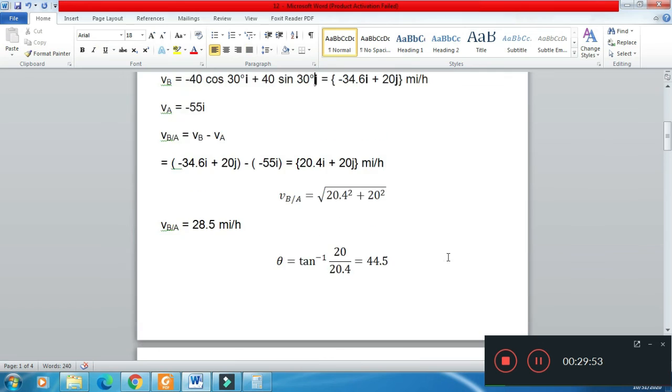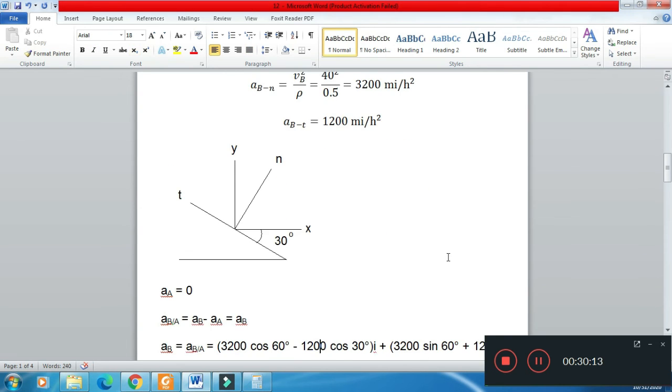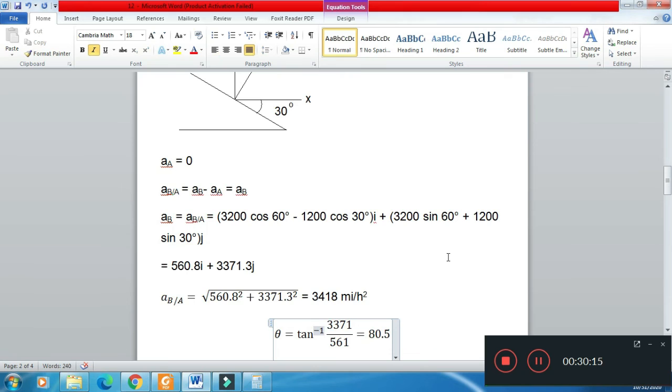The basic reason for solving in x and y as I did in this problem is that we determine the velocities using x and y, or i and j, that is the rectangular components. For that reason the acceleration was obtained in terms of rectangular components, but we can determine the acceleration using the normal and tangent components as well.